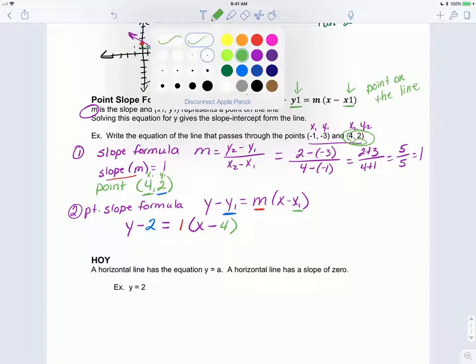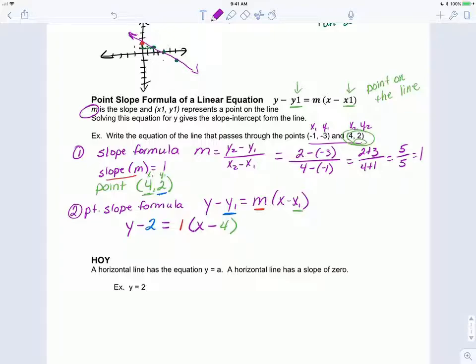All right, from that point, you're just going to solve the equation. So you're going to distribute this 1 to everything inside the parentheses. So y minus 2 is equal to x minus 4. And then you're just moving this term over so that you're getting that y by itself. So y is equal to x minus 2.